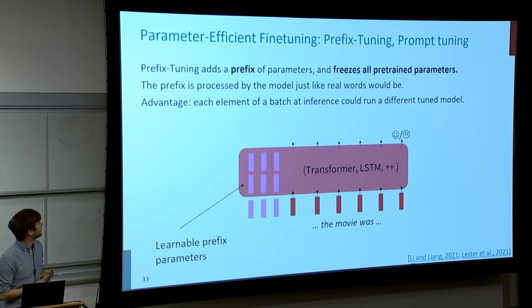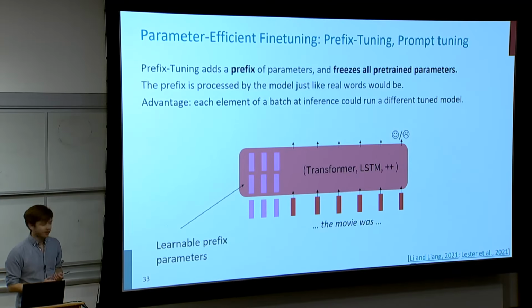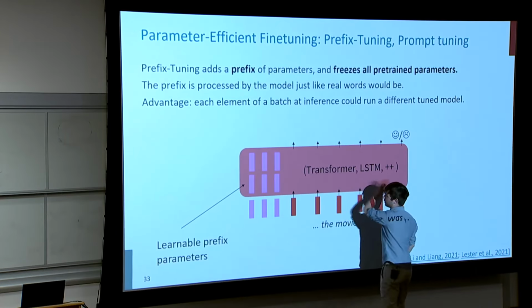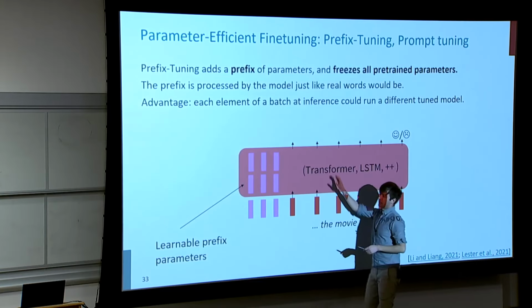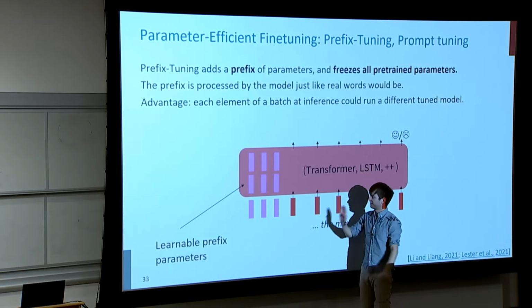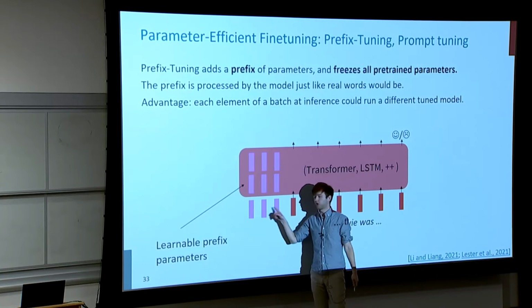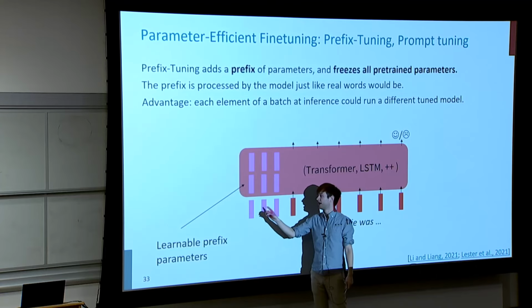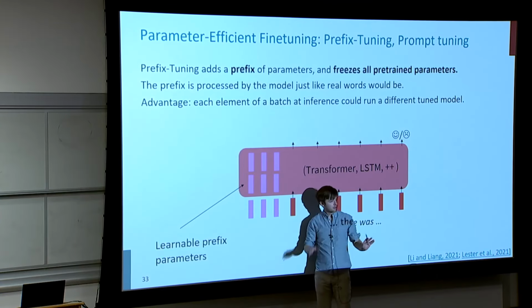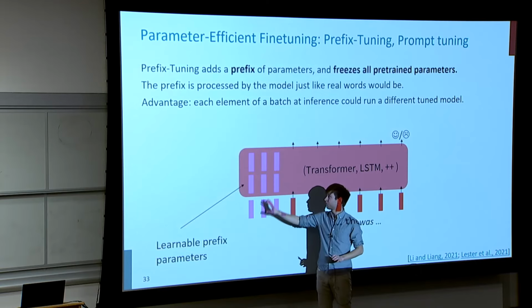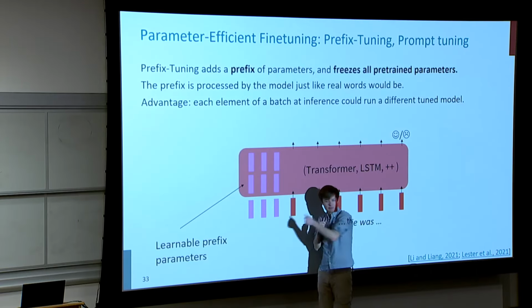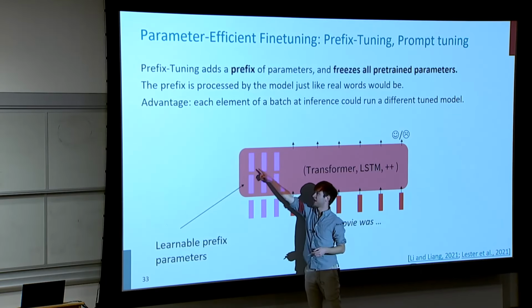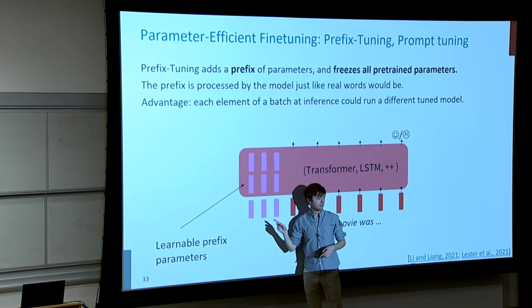One way that this is done is called prefix tuning. Prompt tuning is very similar, where you freeze all the parameters of the network. I've pre-trained my network here, and I never change any of the parameter values. Instead, I make a bunch of fake pseudo word vectors that I prepend to the very beginning of the sequence, and I train just them. It's sort of unintuitive. These would have been inputs to the network, but I'm specifying them as parameters, and I'm training everything to do my sentiment analysis task just by changing the values of these fake words.